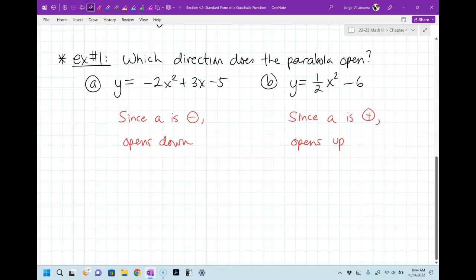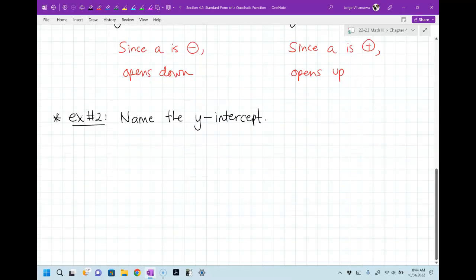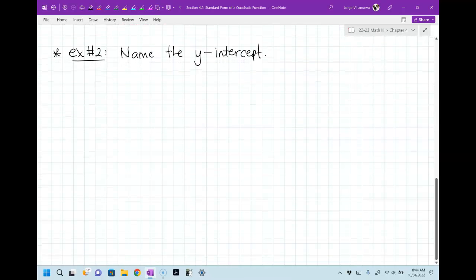Here's another set that's not too hard to do. So example number 2. Name the y-intercept. In other words, what is the y-intercept for this set of problems here?